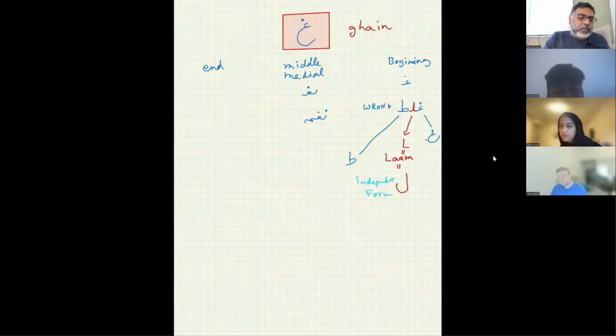So we need a B and alif. So be, alif, B and A, ba. This is the ba right here. And then we need an L. So this is our lam. And then our ghain shows up right here. Baligh starts with the letter B, and then it has the letter L, alif right here.